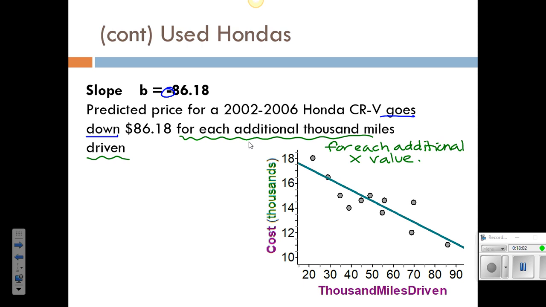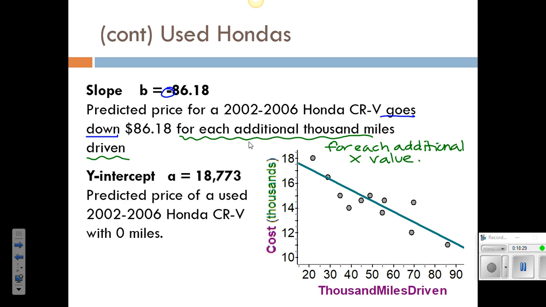If there are 0 miles driven on a used Honda CR-V, wait a second. 0 miles driven on a used Honda CR-V. Well, it doesn't always work, right? But can the predicted price be $18,773? Is that a valid price for a car? The answer is yes. That's actually okay.